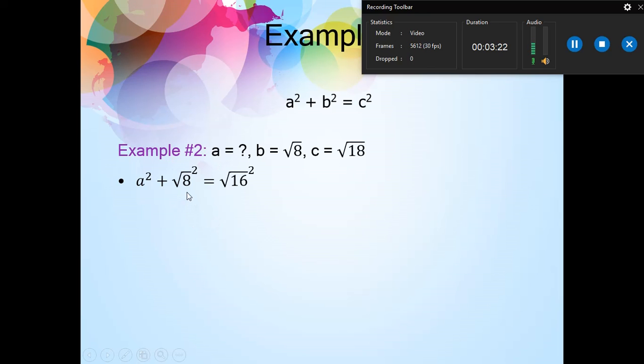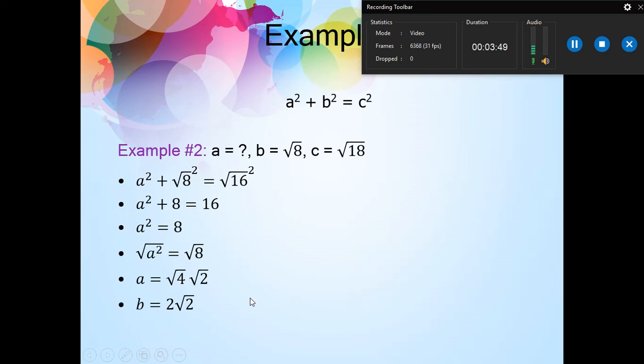So in place of b, we'll have 8, and in place of c, we'll have 16. And now I'm going to subtract 8 from each side, so I can isolate a squared. And again, we'll square root. And don't be fooled, 8 is not simplified. It needs to be factored further. So my squares are 4, and the other factor is 2. And this will simplify to 2 radical 2.